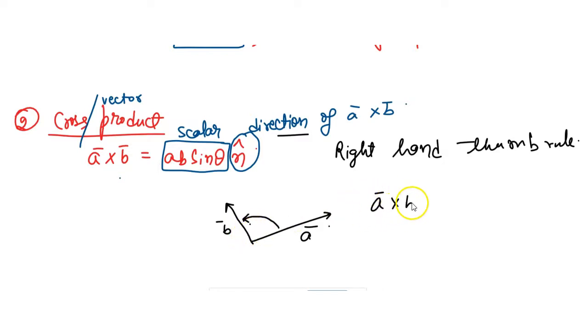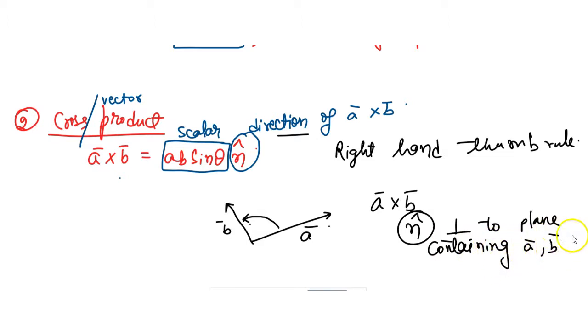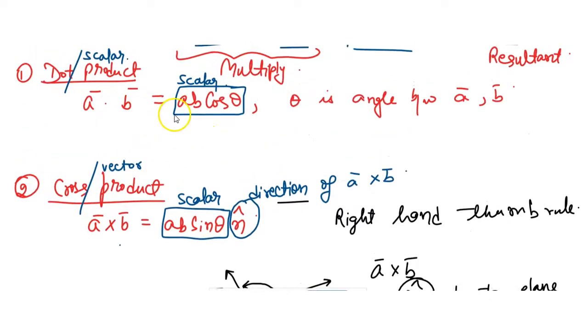So what is the direction of a cross b, that is, n cap? It is perpendicular to the plane containing the two vectors, and in this case the direction of a cross b is out of the screen, perpendicular to the screen. So these were the basic definitions of dot and cross product.